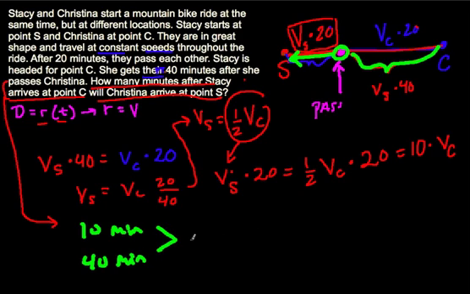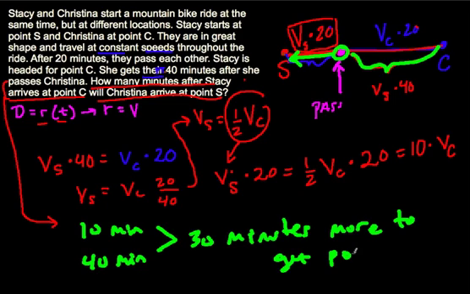So it took Stacy 30 minutes more to get to point C. Or we could rephrase the question to say that Christina arrived at point S 30 minutes before Stacy got to point C. Or we can say Stacy got to point C 30 minutes after Christina arrived at point S, depending on how you look at it. So this part of the question definitely needs to be changed because Christina is the faster rider in this problem.